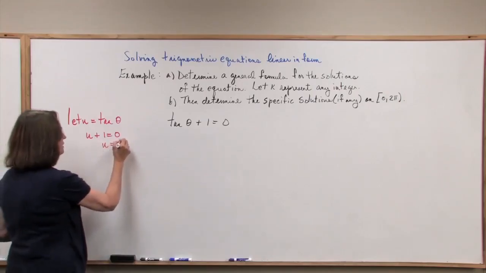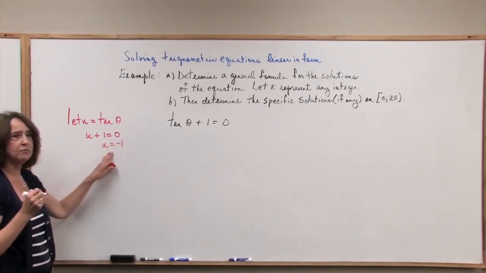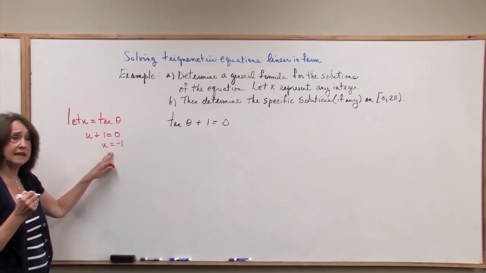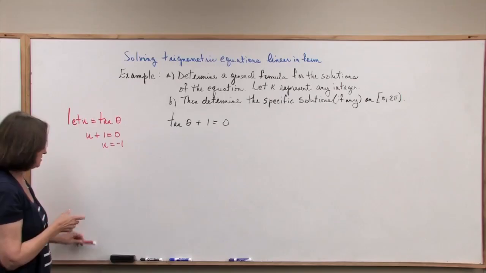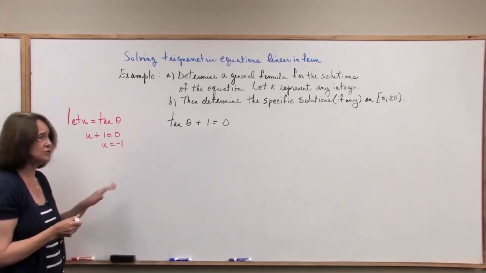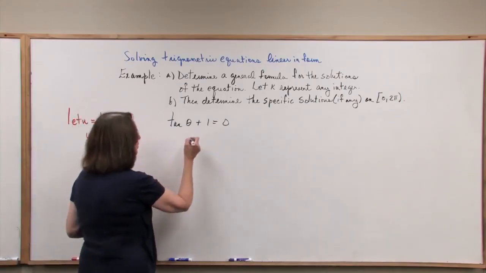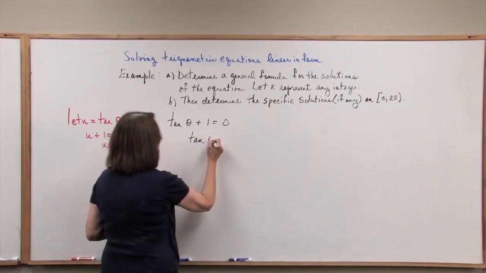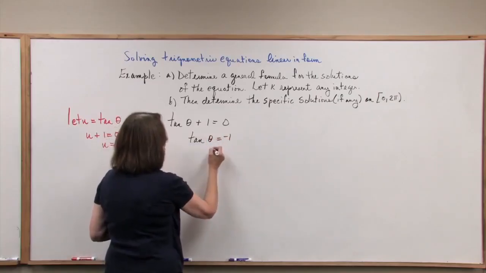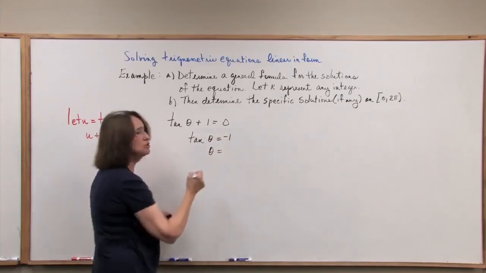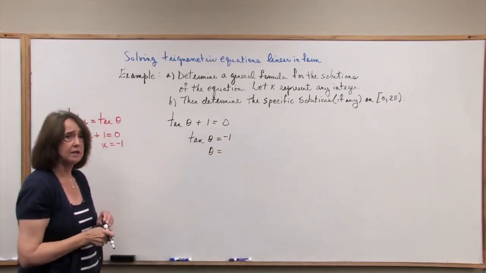And solving, we subtract 1 from both sides. We see that u is negative 1. We're going to do the exact same procedure for our trig equation. We're going to subtract 1, and then we want to find all the solutions of theta.